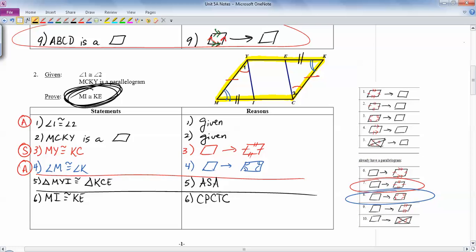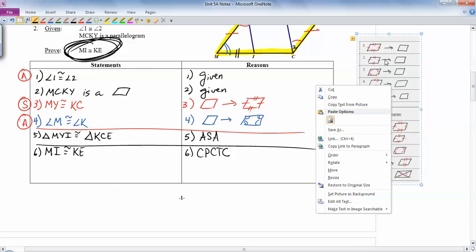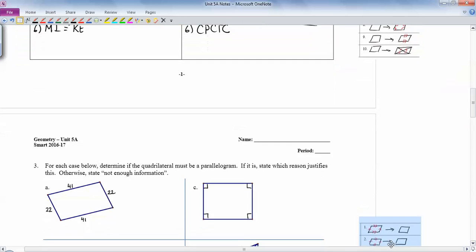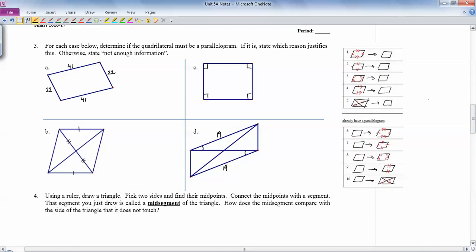Okay. Let's take a look at number 3. So again, I will move this down. So here's number 3. Okay. We're trying to figure out if this thing is a parallelogram or not, or each of these.